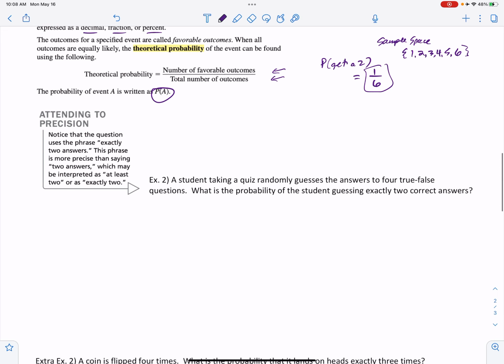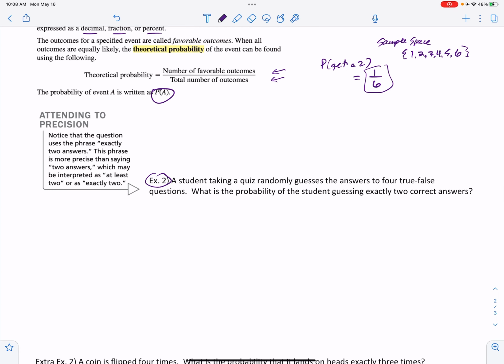All right, so this attending to precision we're going to look at after we read example 2 here. In example 2, a student taking a quiz randomly guesses the answers to 4 true-false questions. What is the probability of the student guessing exactly 2 correct answers? Well, we need the number of elements in the entire sample space, and then we need, of those, how many have exactly 2 answers correct.